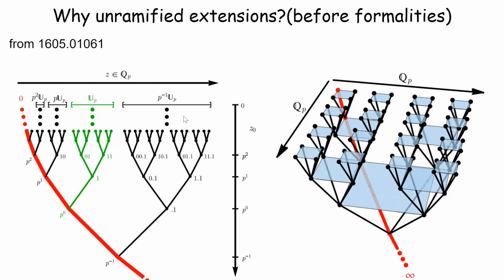So if we want to consider n-dimensional fields, taking the product of Q_p is just like taking the product of two of these Cayley trees, but probably it is more natural to consider an object like this, which has kind of multidimensional branching at each point, and this is how we are motivated.